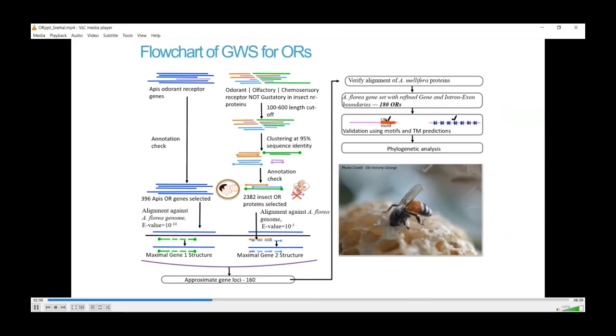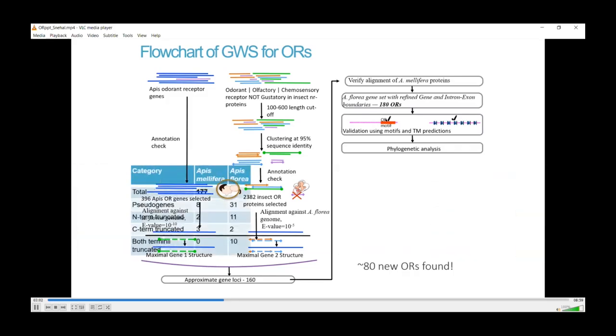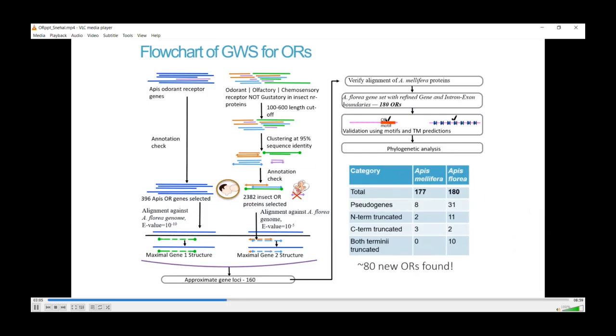And when we compared this with what was already known in the genome database at that time, we found that we had 80 completely novel olfactory receptors after our analysis. And the total number of olfactory receptors that we found in Apis florea was now very well corresponding with what was present in Apis mellifera.